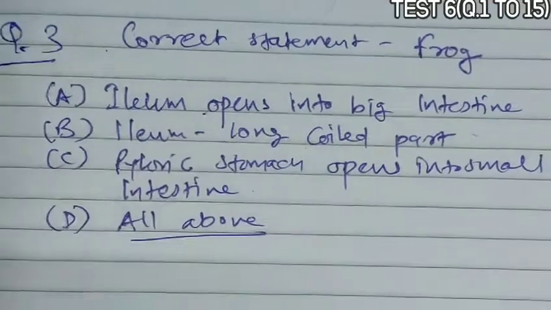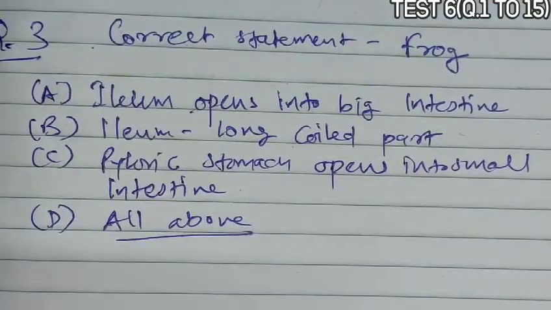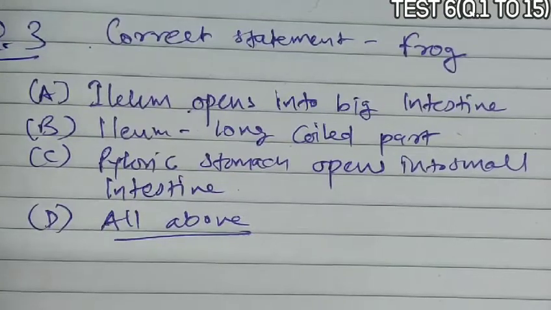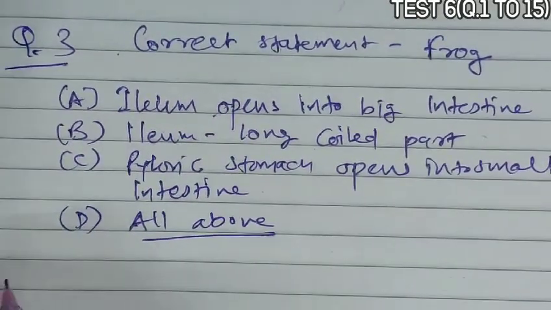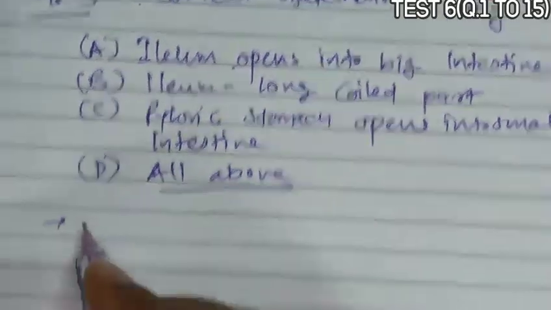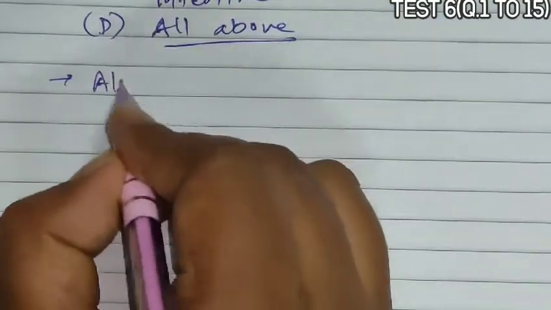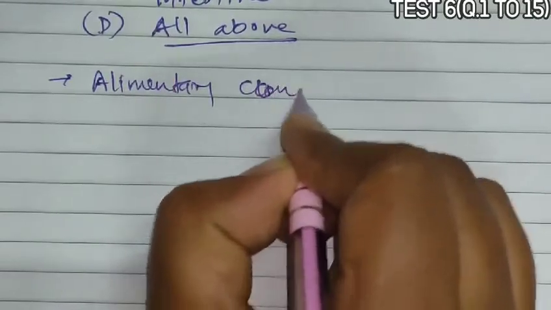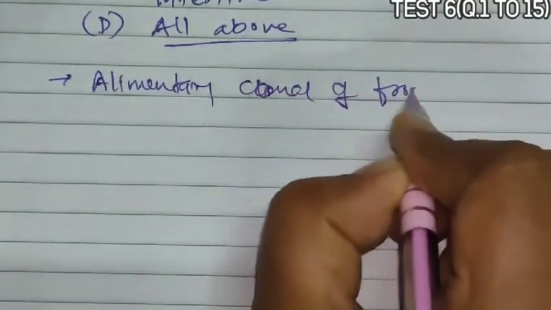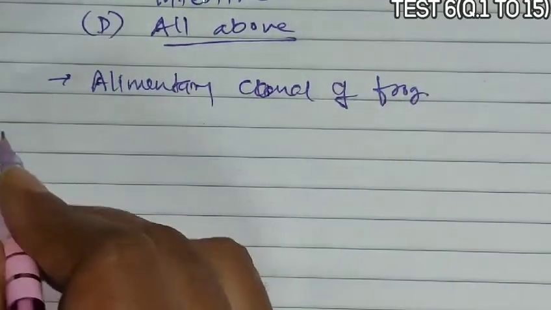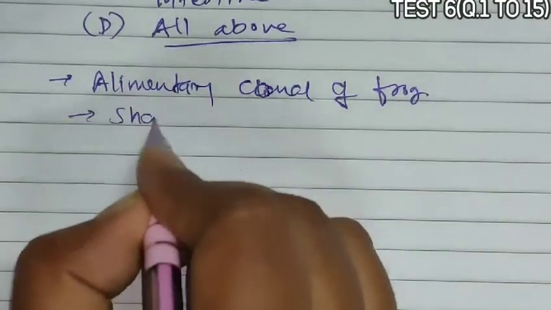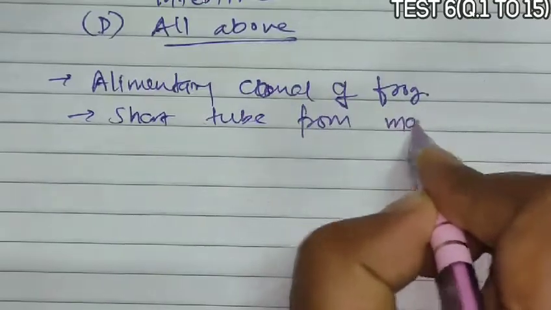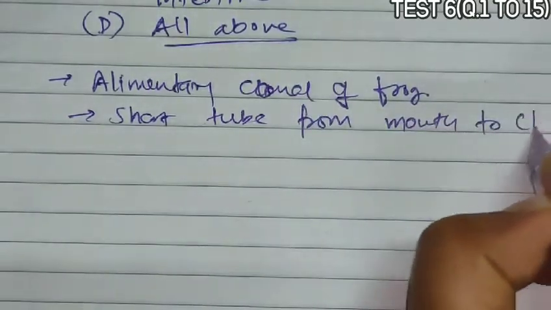Now if we go with the alimentary canal of a frog, it is a short tube from mouth to cloaca.